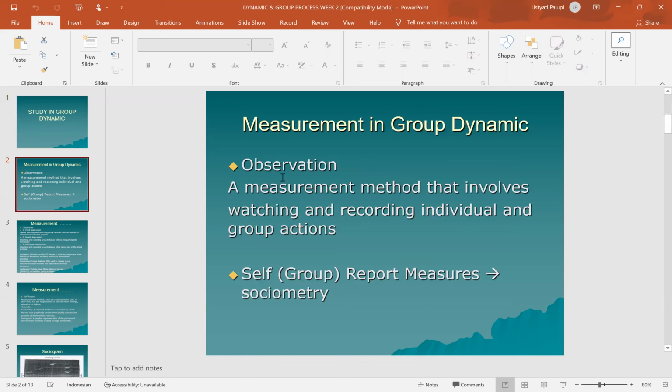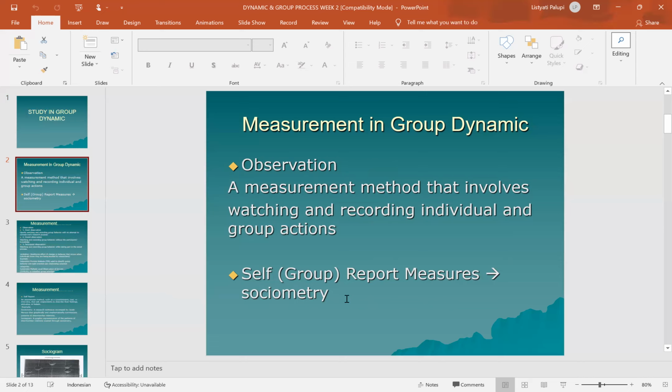Observation is a measurement method that involves watching and recording individual and group actions, while self-report measures are usually used to record how individuals respond to a series of statements or questions related to processes that involve the group. One example of self-report measures is sociometry.